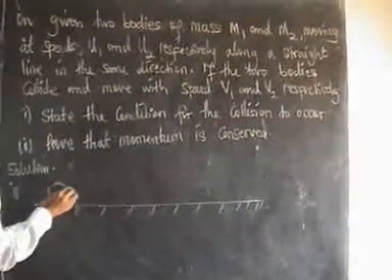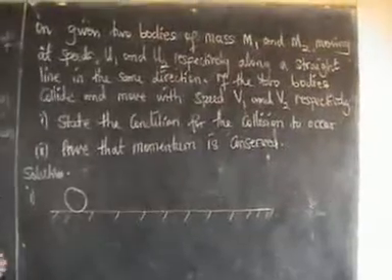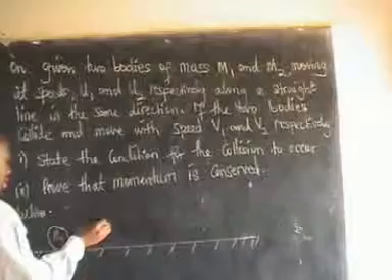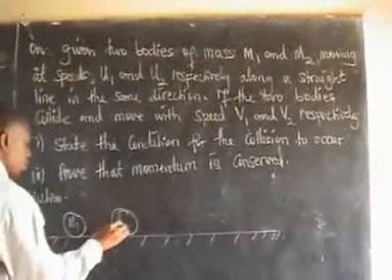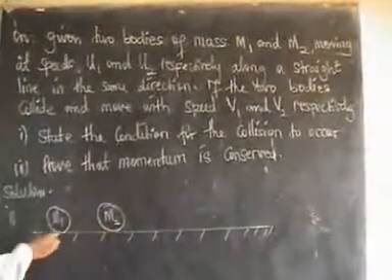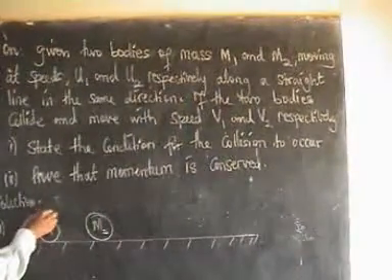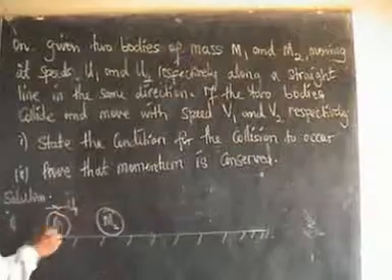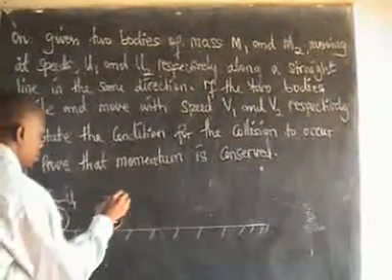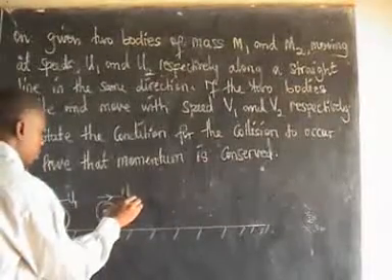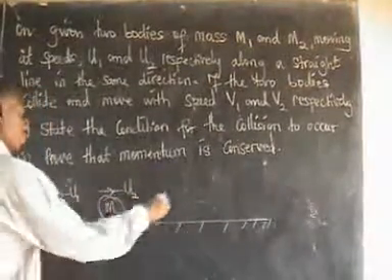If this is my body 1 of mass m1 and I happen to have another body of mass m2, so for consistency let this be moving at speed u1 and also let m2 be moving at speed u2.